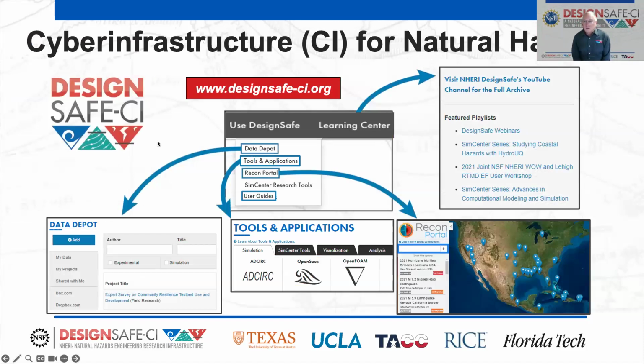Okay. So that's the repository, but the repository is connected to lots of different pieces here. The data you bring or the published data is accessible to use in the various tools and applications that we provide: simulation tools, visualization, data analytics, and GIS tools. I'll show you some of those in a minute. You can search for data per event in our recon portal.